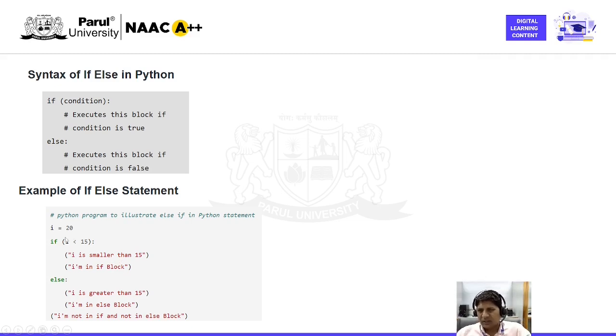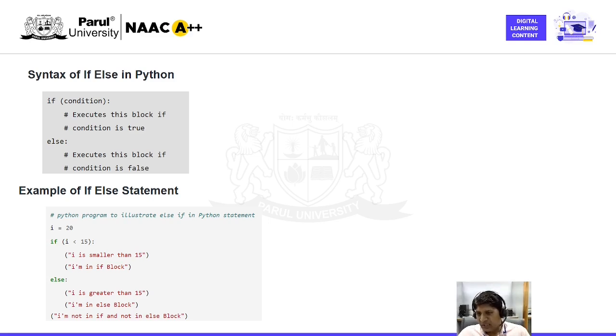For example, i equals 20. If i is less than 15, then the message is printed: i is smaller than 15, I am in if block. If the given condition generates false output, it means the value of i is not less than 15.